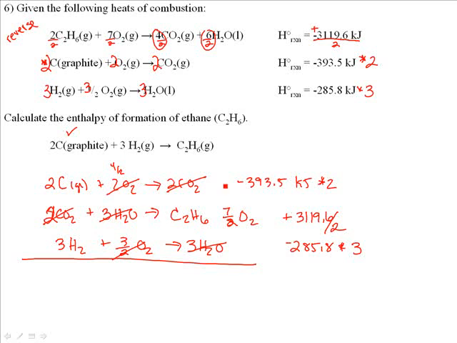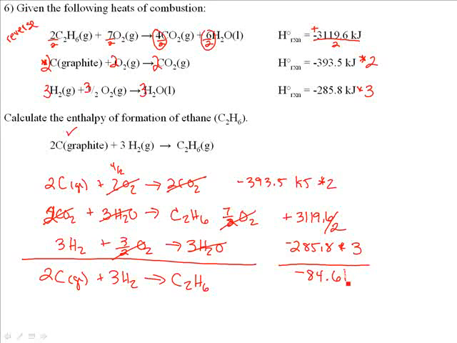So those oxygens cancel with that oxygen, leaving me with 2 carbon graphites plus 3H2 goes to C2H6. And when I do this calculation, I get negative 84.6 kilojoules.